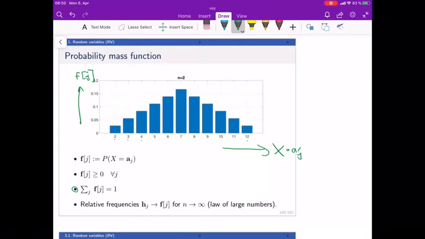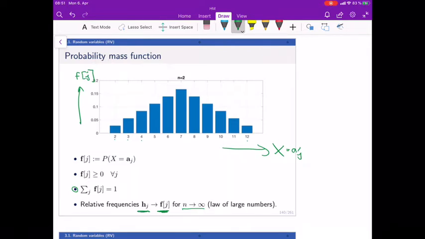Interestingly, and this is what I mentioned in the first lecture, the relative frequencies, the h_j's, are our best guess for the probability mass function. Especially if we go to large numbers of samples, if you have a huge data set, n goes towards infinity, then that converges.